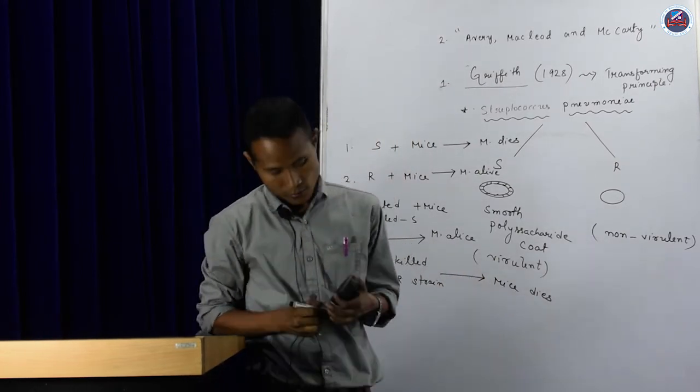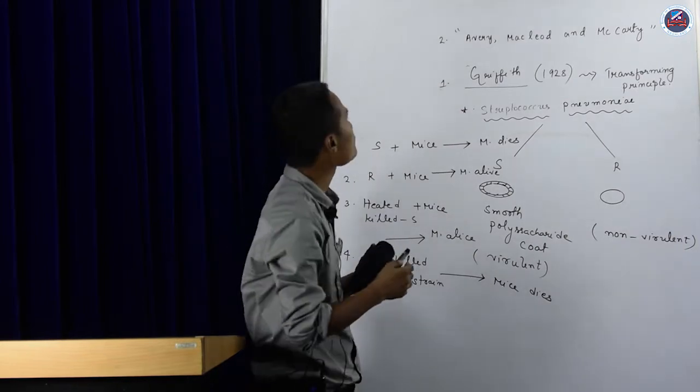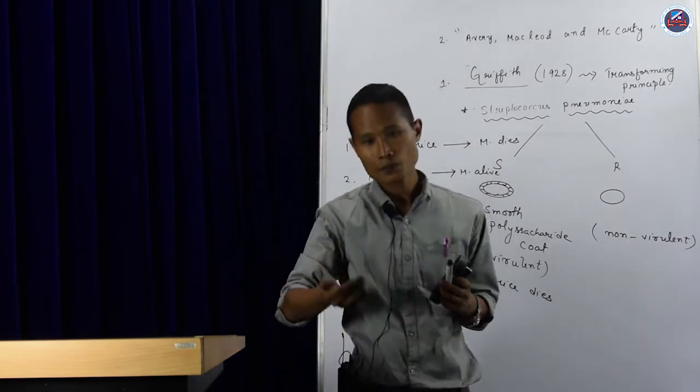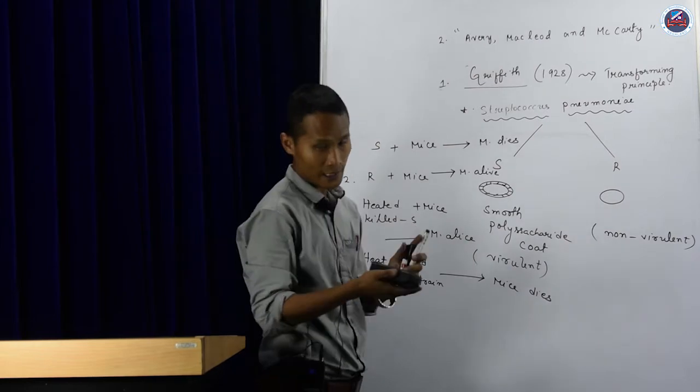Now, based on this transforming principle, there were three scientists, Avery, McLeod and McCarty, who came up with a new experiment later on. Let's discuss this experiment.